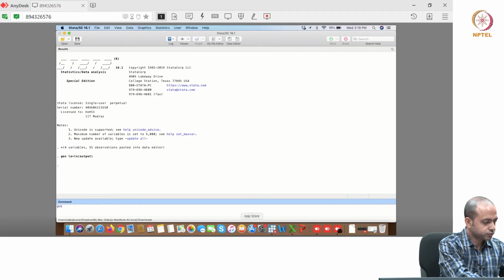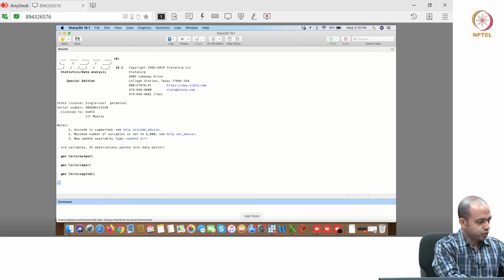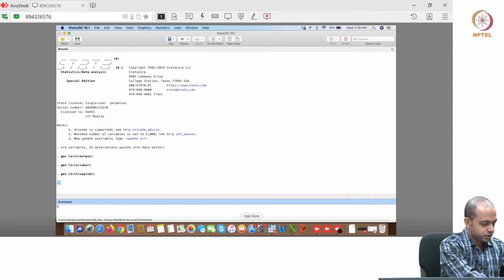Then gen L1 equals log labor, then gen L2 equals log of capital.